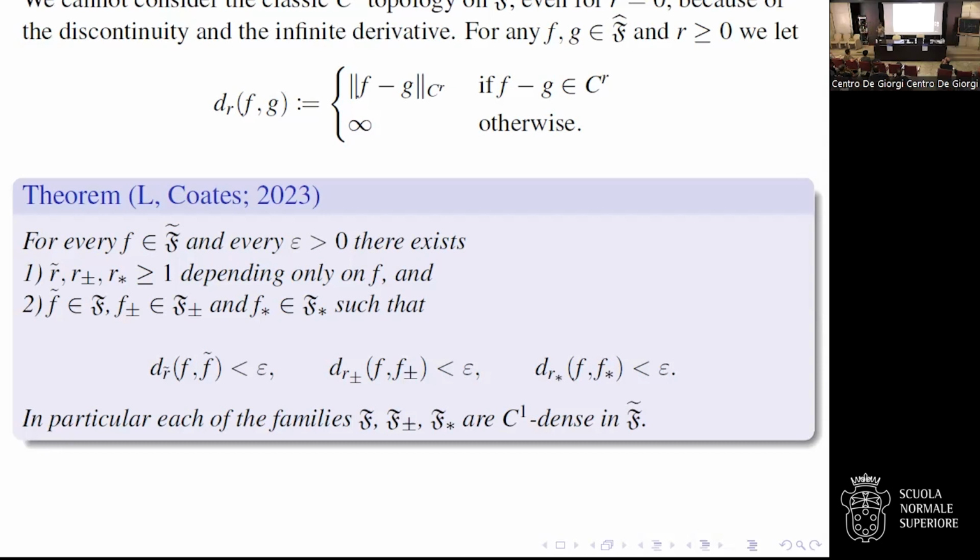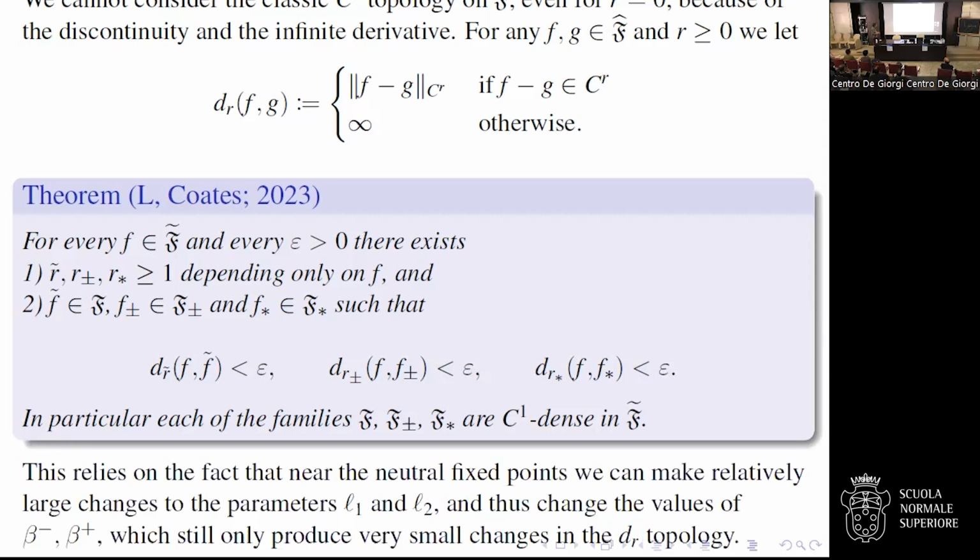A key point of this approximation is that in the family, when you have neutral fixed points, you have the possibility of changing your constant L quite significantly while remaining close in the C1 topology, because independently of what L is, since the derivative is getting close to 1, you're always close in the C1 topology. I'm not trying to diminish the result, but also explain that of course there is that. I don't think it's cheating, it's just part of the nature of this family.